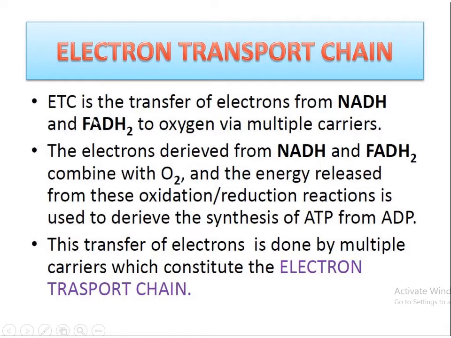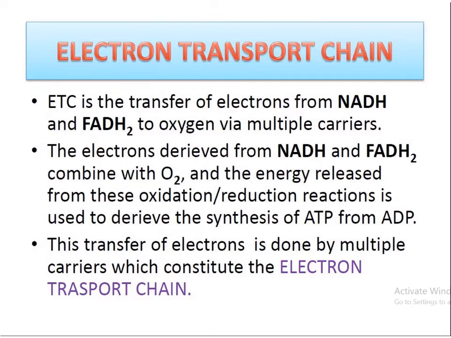The electron transport chain is the transfer of electrons from NADH and FADH2 to oxygen via multiple carriers. So the electrons derived from NADH and FADH2 combine with the oxygen, and the energy released from the oxidation and reduction reaction is used to drive the synthesis of ATP from ADP, which is our final goal.